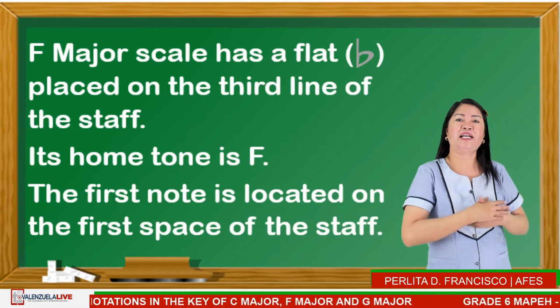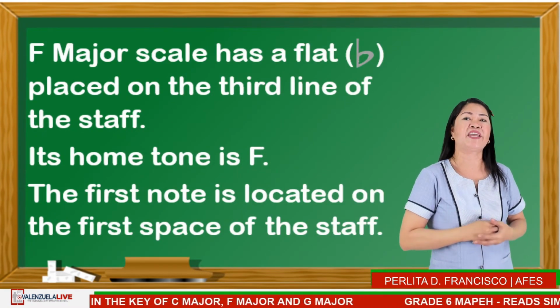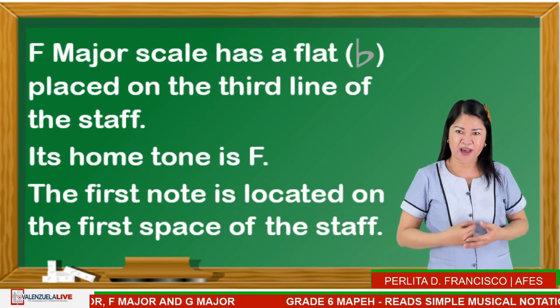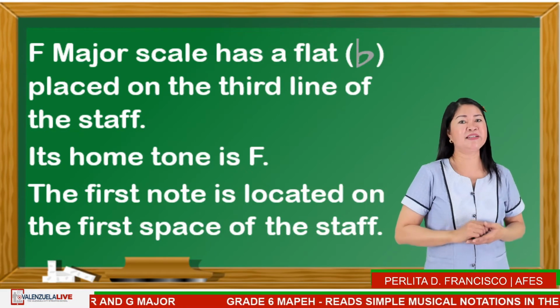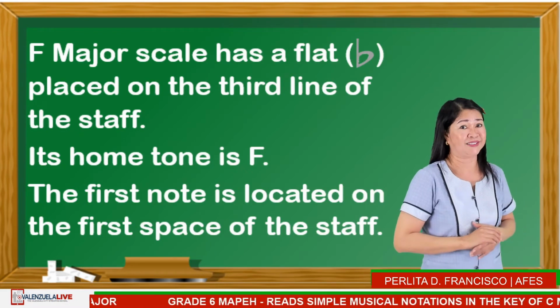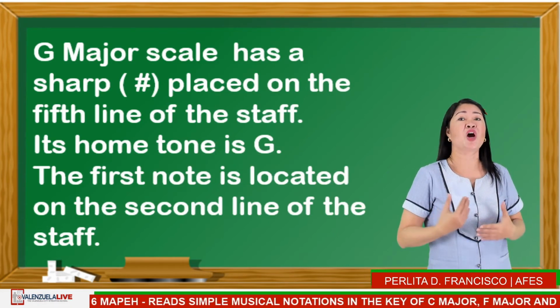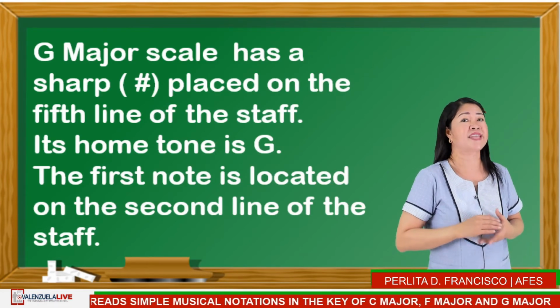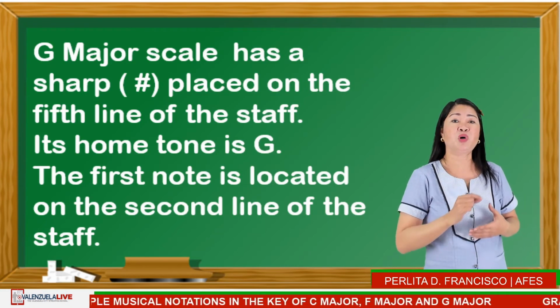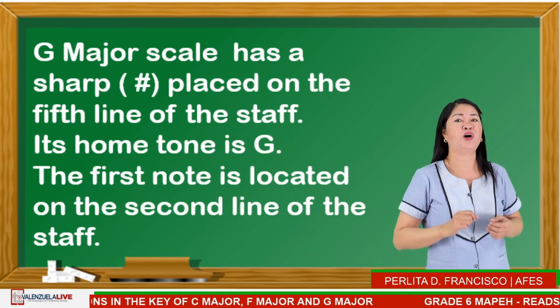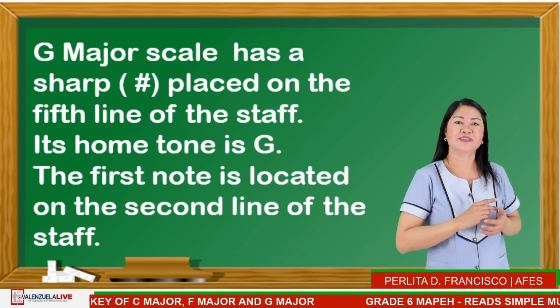F major scale has a flat placed on the third line of the staff. Its home tone is F, and the first note is located on the first space of the staff. G major scale has a sharp placed on the fifth line of the staff. Its home tone is G. The first note is located on the second line of the staff.